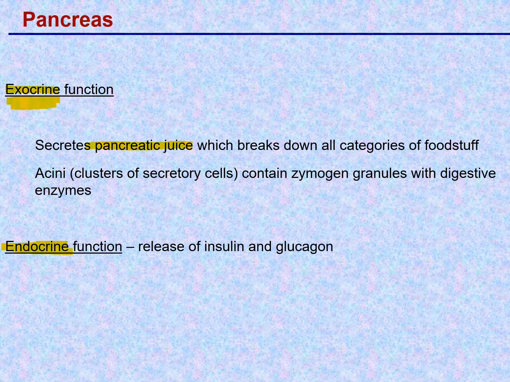And it also has an endocrine function, with separate endocrine cells. Endocrine tissue or endocrine organs produce hormones, and hormones are always released into the bloodstream. The hormones that the pancreas produces, we've talked a little bit about them before, are insulin and glucagon, and they are involved in regulation of carbohydrate levels in the bloodstream and metabolism of carbohydrates.